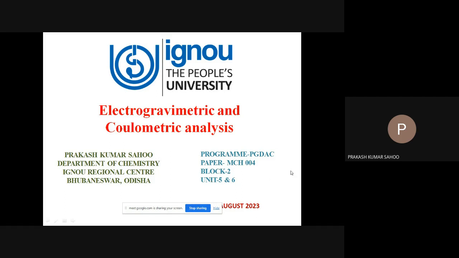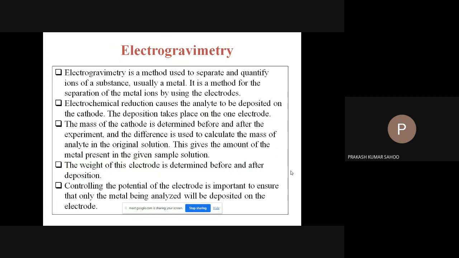So let's have the basic part of electrogravimetry. It is a method used to separate and quantify ions of a substance, usually a metal. It is a method for the separation of metal ions by using electrodes. Here generally a platinum electrode is used as both cathode and anode.